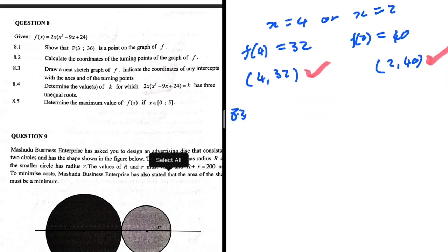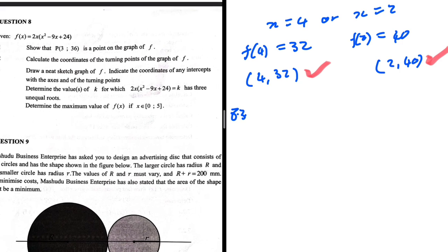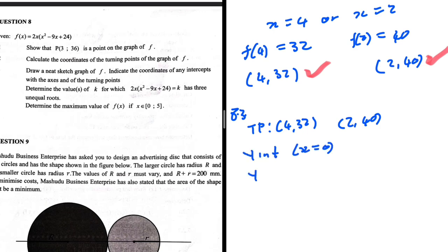8.3, draw a neat sketch graph of f, indicate the coordinates of any intercepts with the axes and of the turning points. Okay, so let's gather our information. Turning points (4, 32) and (2, 40). Let's find our y-intercept where we let x be equal to 0.